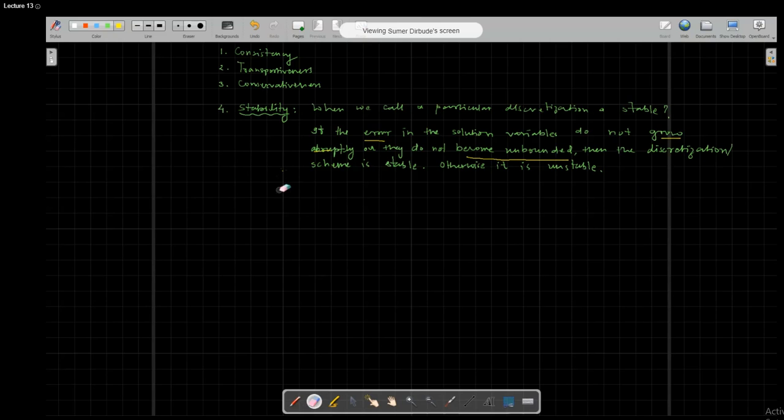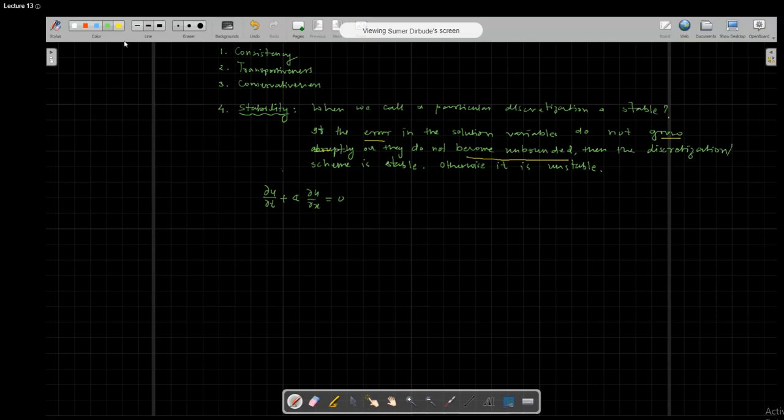Okay. So for example, consider our wave equation, del u by del t plus constant speed a del u by del x equals 0. In this case, what do we mean by the error should not grow?